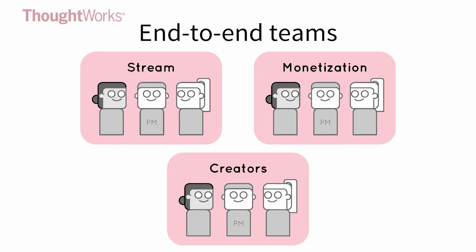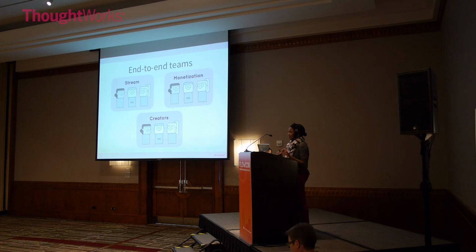As I mentioned earlier, end-to-end teams. At SoundCloud, we do what's called end-to-end, which people have also referred to as squads. Each team is self-sufficient, and this is really important because we have 4 offices. We have a Berlin office, a London office, a New York office, and a San Francisco office.